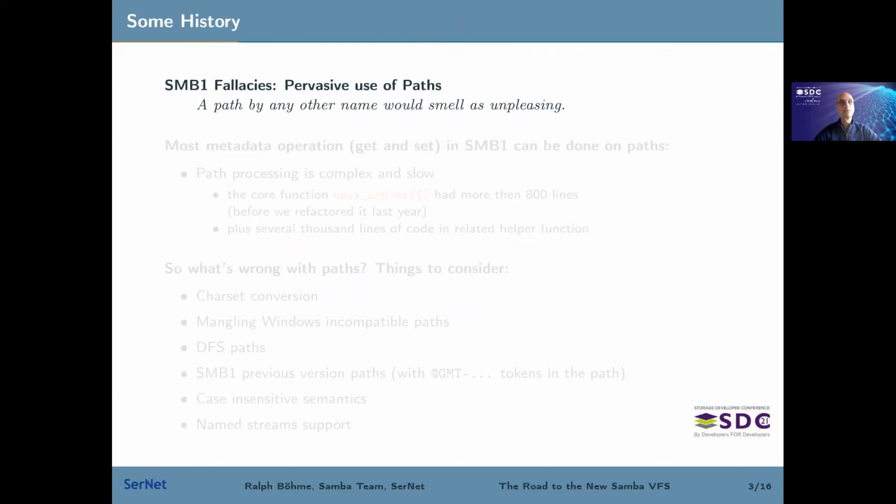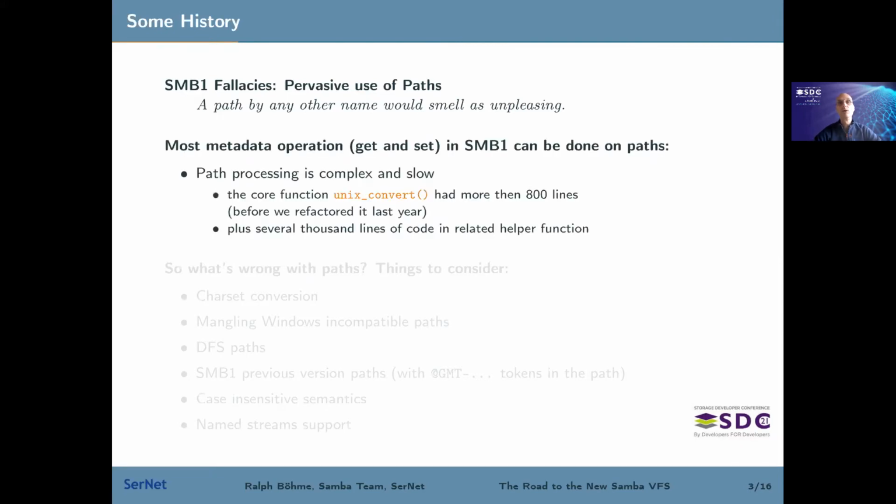So let's start with some history. SMB1, the pervasive use of paths. In SMB1, most metadata operations, getting and setting metadata on files and directories, can be done on paths. Now the problem is path processing is complex and slow.